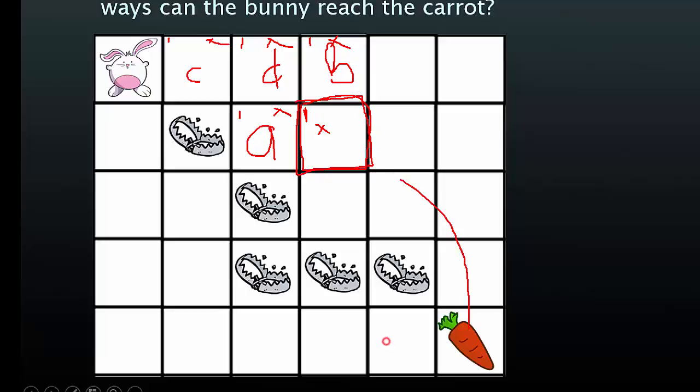Imagine that the carrot is here. Anyone? I'm not asking for a number. We have to do something with the values, but it's definitely not 5. I think we'll see how much that is. I'm not going to spoil the question.